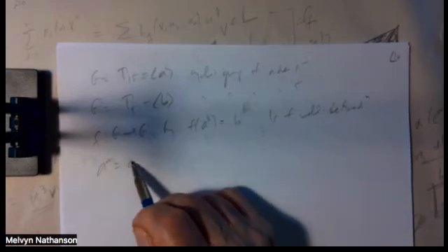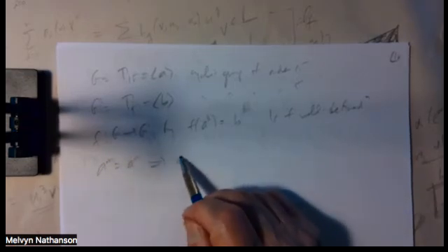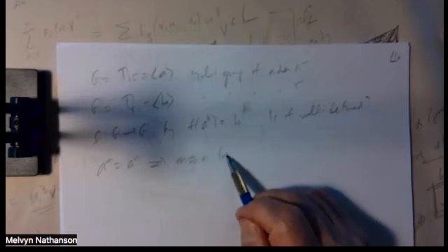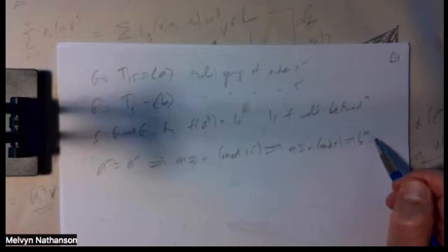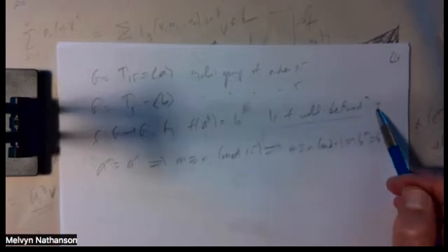So a to the m equals a to the n means that m is congruent to n mod 15, because a has order 15. But if 15 divides m minus n, so does 5. m is congruent to n mod 5, which means b to the m equals b to the n. So the answer to the question is, is it well defined? Yes. Because if you have two representations of the same element of G, they get mapped to the same element of G prime.